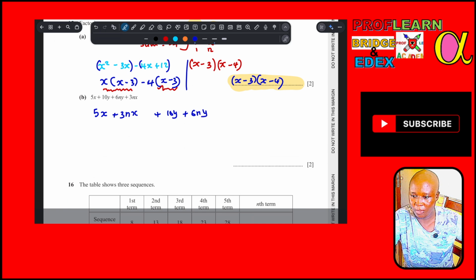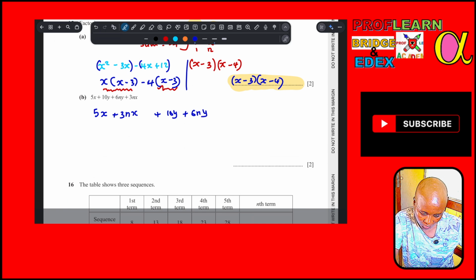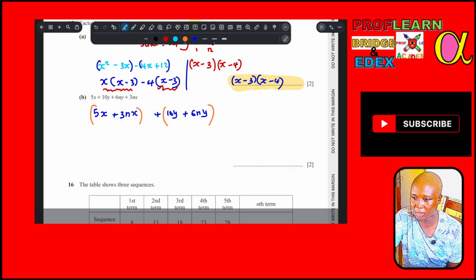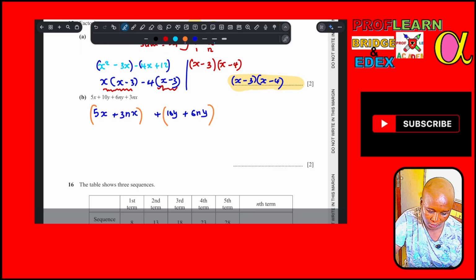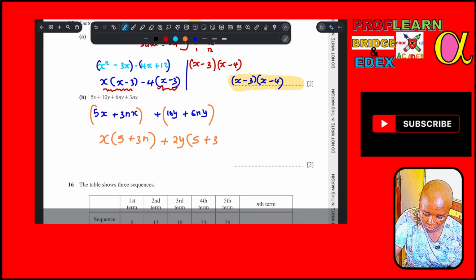Then once we have done that, we can go ahead and say, if we have this, we can factor out what's common. And how do you factor anything that is common here? We are going to take x out, so we shall remain with 5 plus 3n. Here we're going to factor out 2y, so we shall remain with 5 plus 3n.